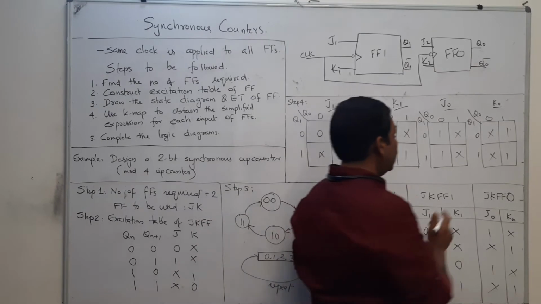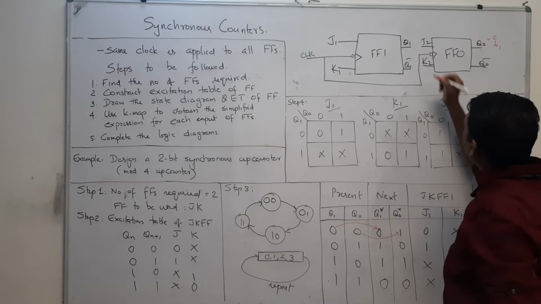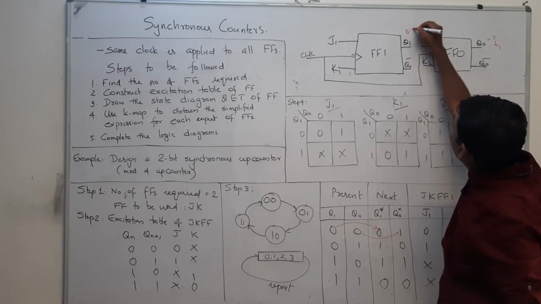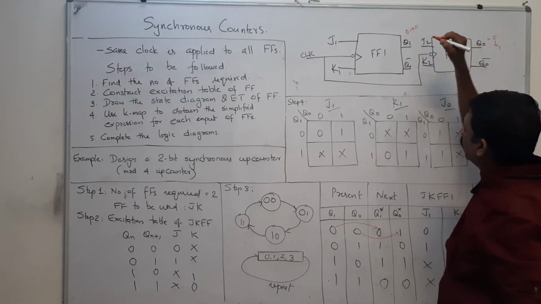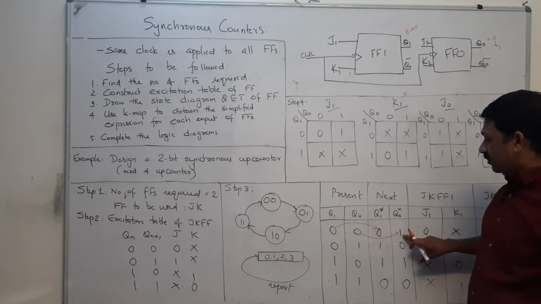That means here initially the output is 0 and it has to stay 0, and here it is 0 and it has to change to 1. Okay, that means 0 to 0 and 0 to 1.